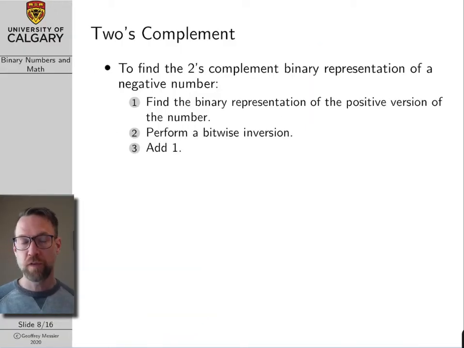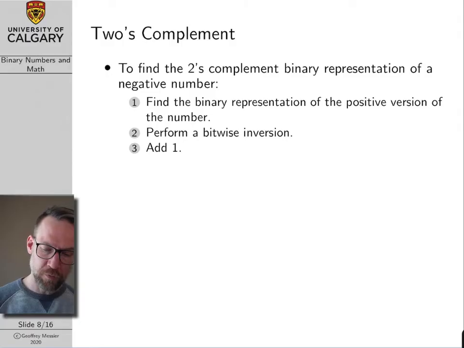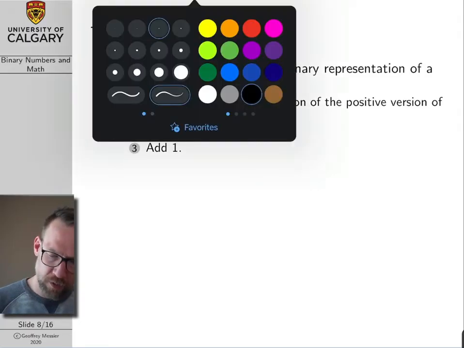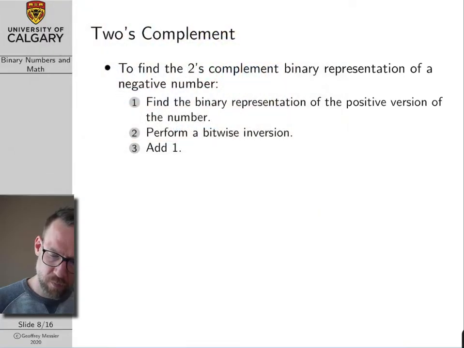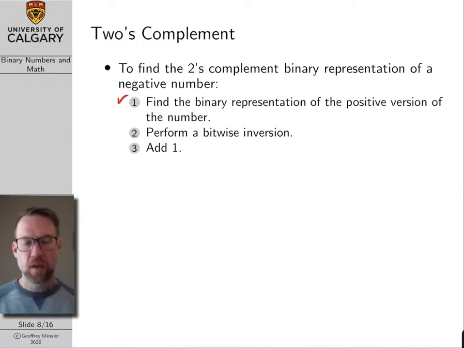And so here's the procedure for finding the binary representation of a negative number when you're using 2's complement. Step 1 is to find the binary representation of the positive number. So if you want to represent -12, step 1 is to find just the unsigned regular old binary number for +12.